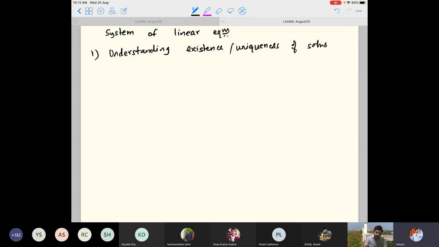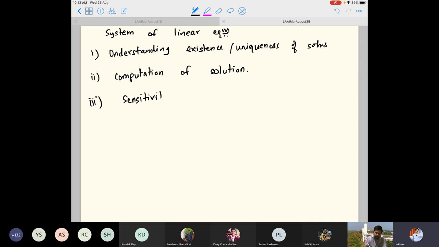This is something that we have already done. Then we want to do the computation part, the computation of the solution, that is the second aspect. And the third thing that we want to do with this is sensitivity analysis.